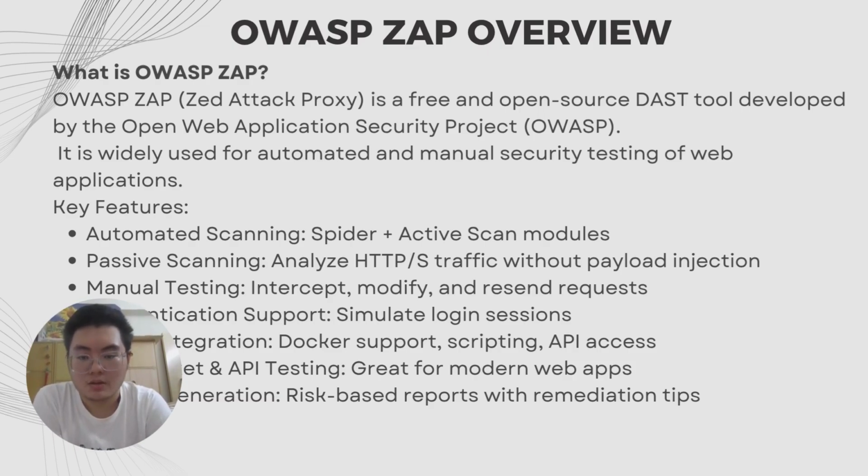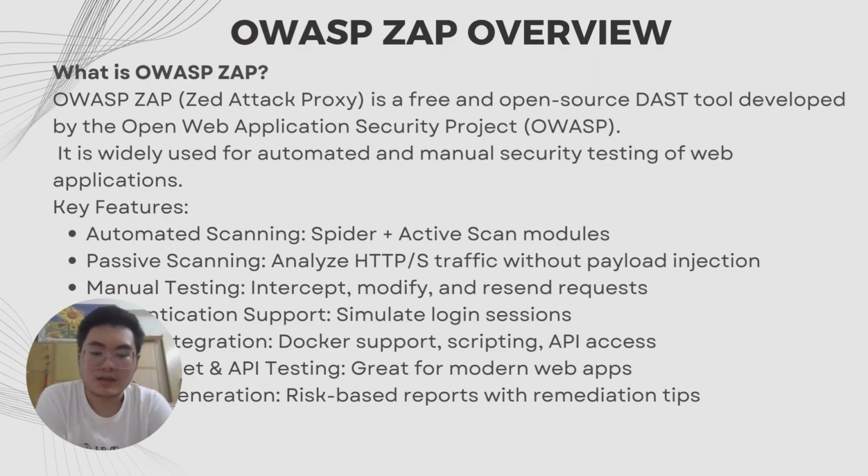With that, we can also manually intercept and modify requests, simulate authenticated user sessions, and even test WebSocket and REST APIs. Why did we choose ZAP? This is because ZAP has many key features.